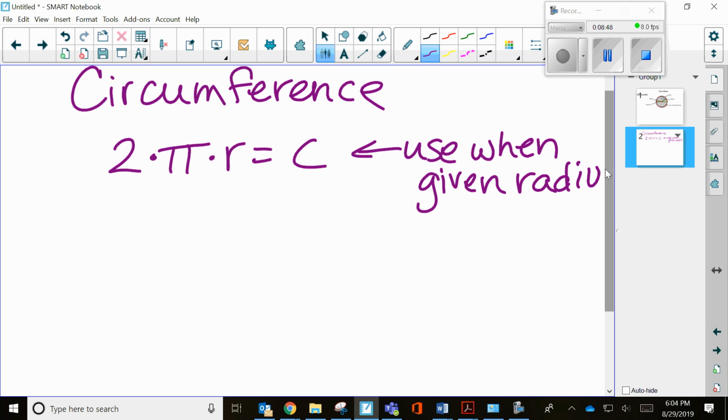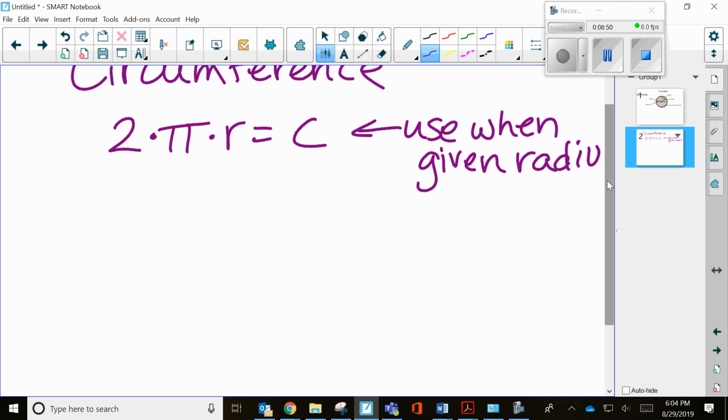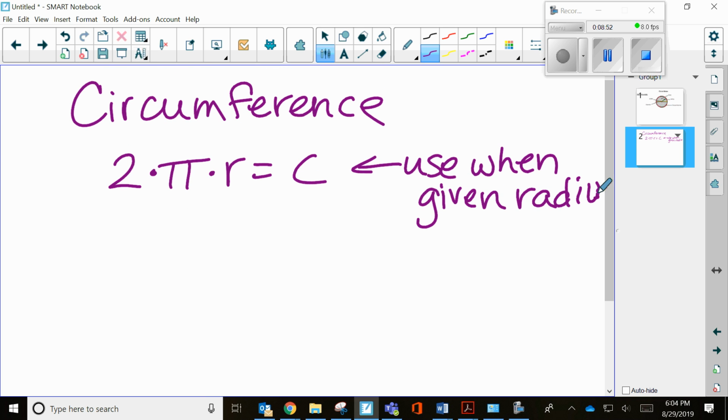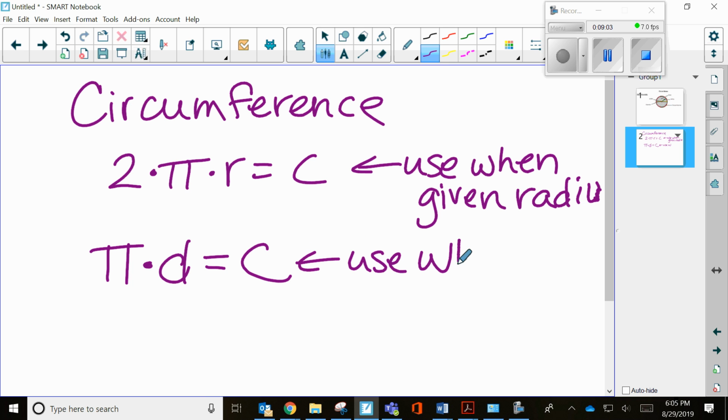And then you have pi times diameter equals circumference, and you use it when given the diameter.